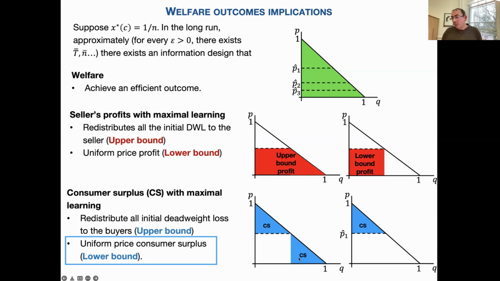This takes a bit of time to work, but essentially, if you knew exactly the valuation of the consumers, then you can apply the profit-preserving uniform segmentation of Bergemann, Brooks, and Morris. Here, you never learn exactly the valuations. You learn them with some imprecision, but there is a continuity argument that you can apply to that construction.